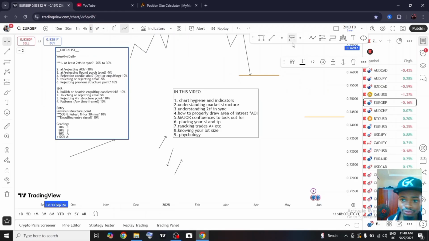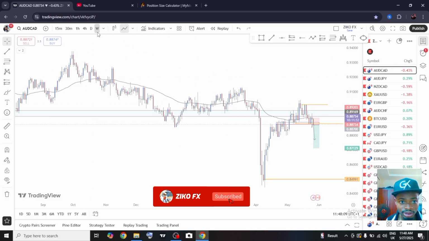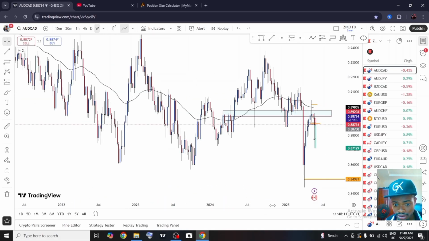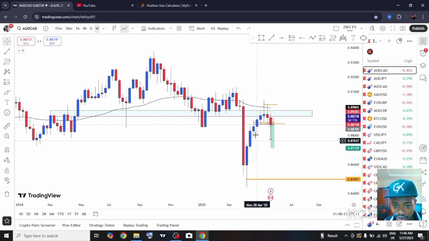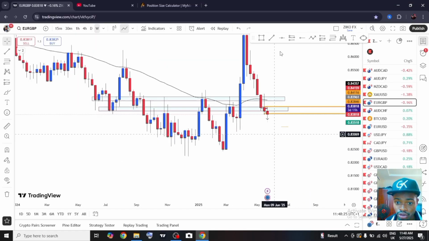For example, if I go over to the weekly time frame on AED card, as you can see, price got to this area of interest, slowed down, and had a rejection. This is a rejection candlestick. Can you see that? Price had a rejection from the area of interest. So that's one of the things you need to look out for, right? You need to look out for a couple of other things too.